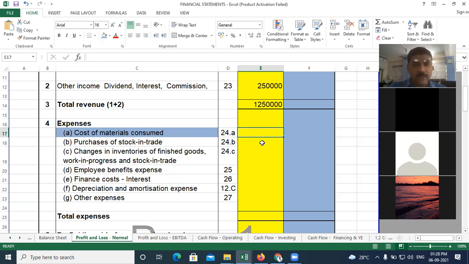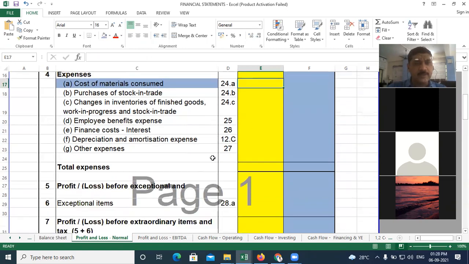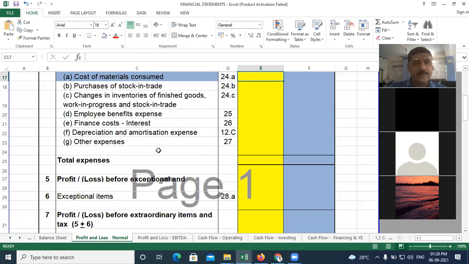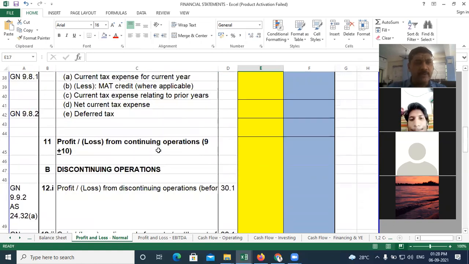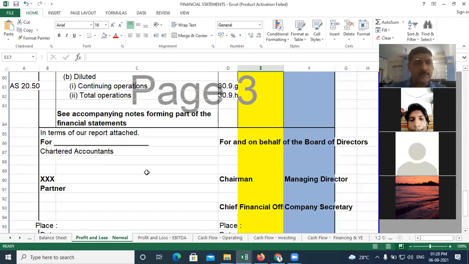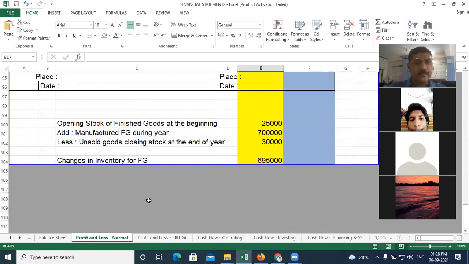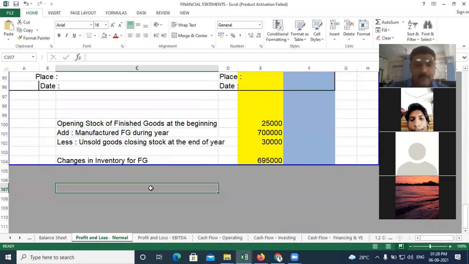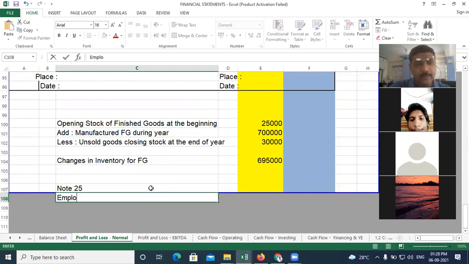Now how will this amount come? Let me explain. Employee benefit expenses is note number 25. We have a schedule at the end of the entire profit loss account, note number 25, with the heading employee benefit expenses.